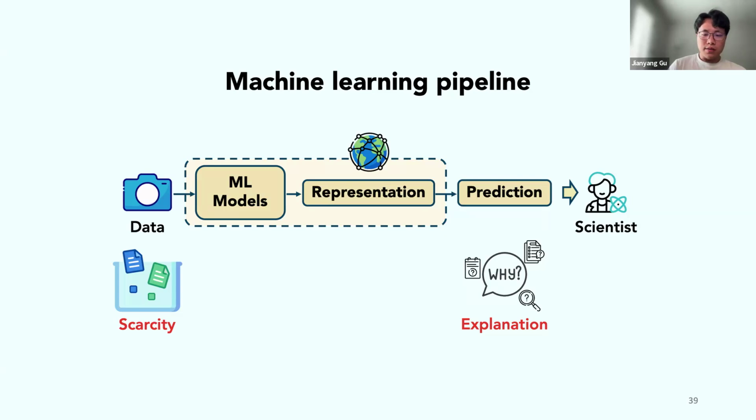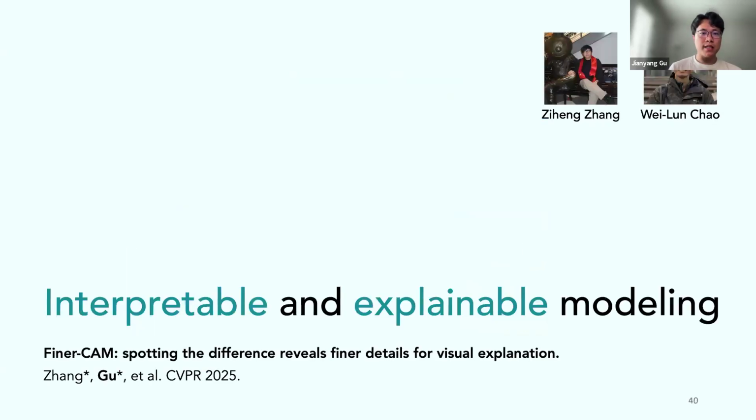Beyond training models, we're also designing methods to better explain these models, their predictions and decisions. So here I would like to present a work also with students Hen and with Weiwen Chao. This work was published in last year's CVPR. It is mainly focusing on explaining model decisions.